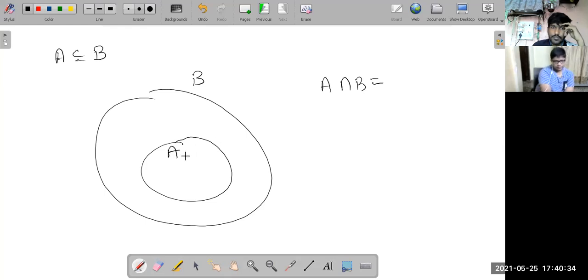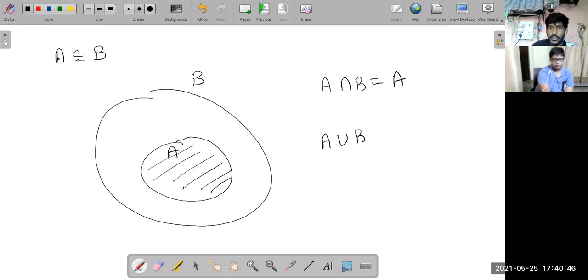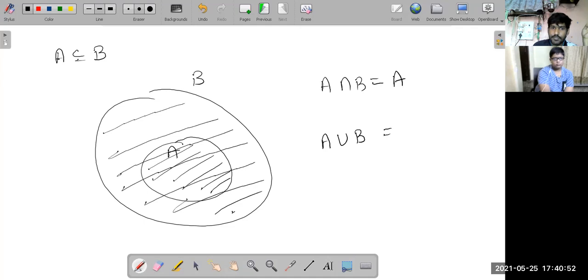The elements inside A. So that means A itself. So it will be A. And now what about union? A union B, A and B both together. That will be this entire thing. That is the set B.